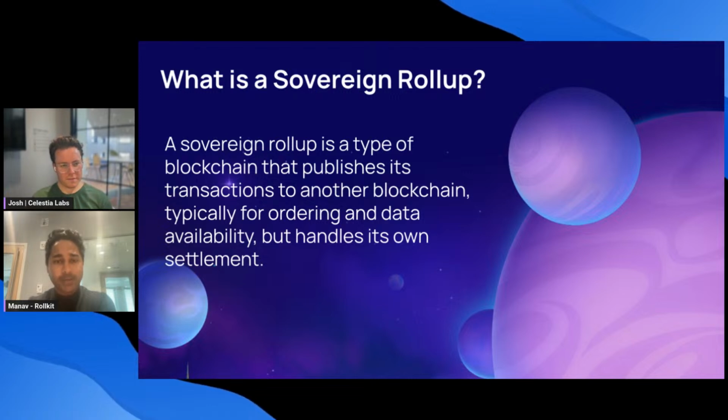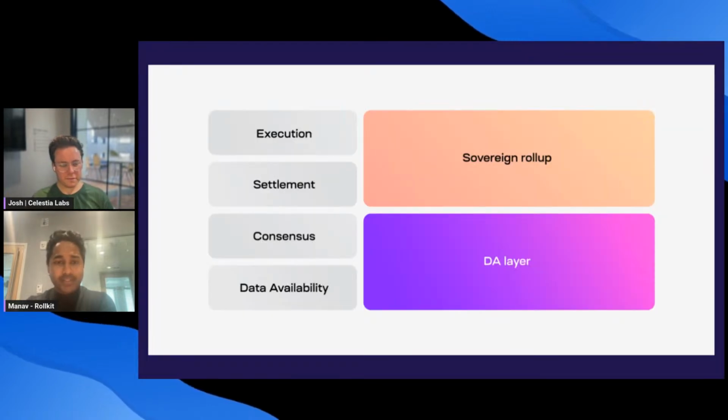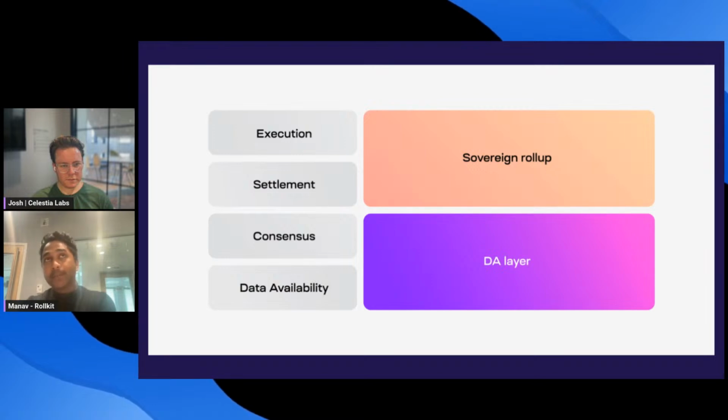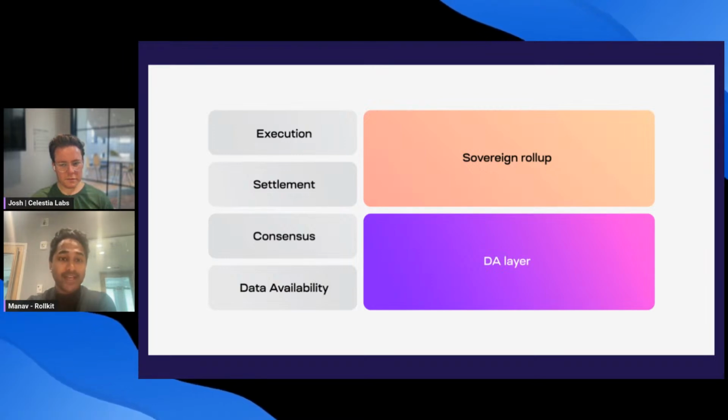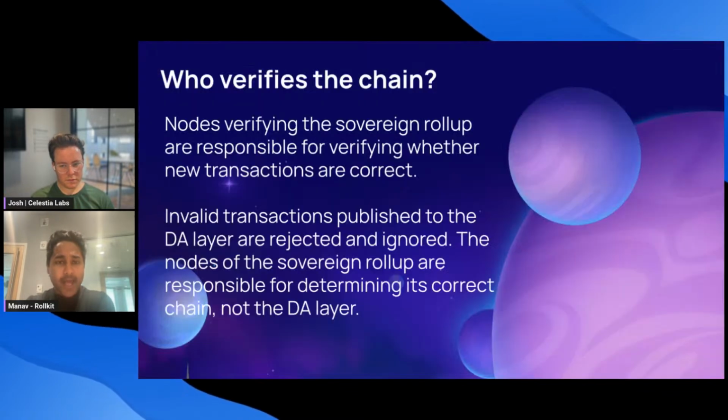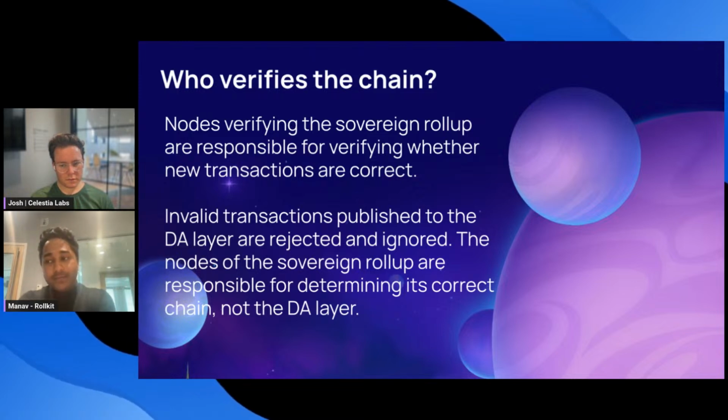Thank you. Cool. So this is just an overview of the modular stack, the different functions in a modular stack. A sovereign rollup is doing both execution and settlement. In the case of a smart contract rollup, the settlement layer would be Ethereum, but the execution would be the rollup itself. And who actually verifies the chain? This is another difference.